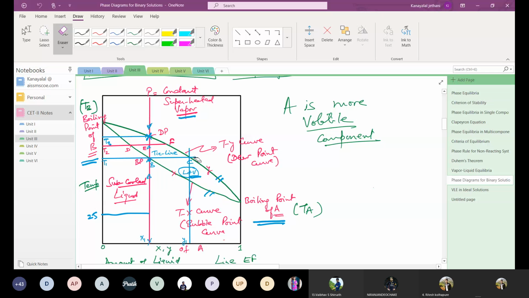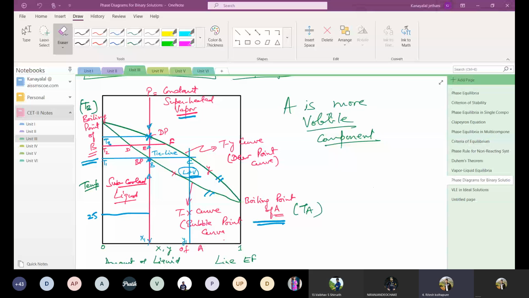Richer means the composition of the light component is more in the vapor phase than in the liquid phase. And that is the principle of distillation. On that basis we do separation in distillation. Understood?